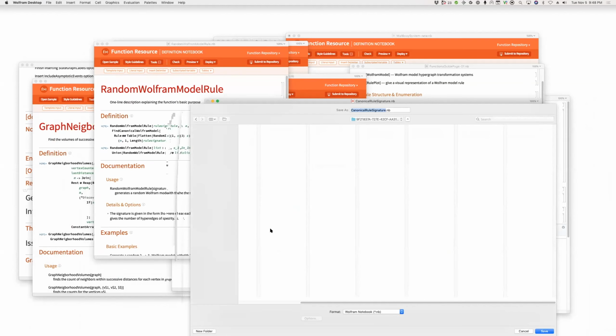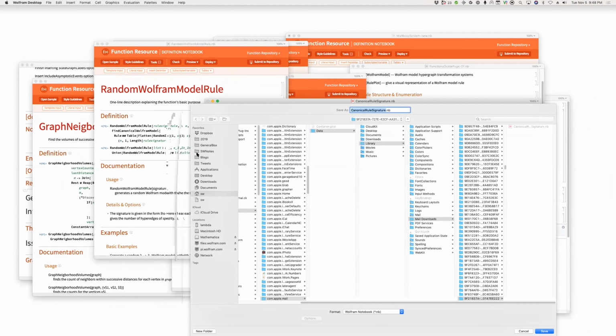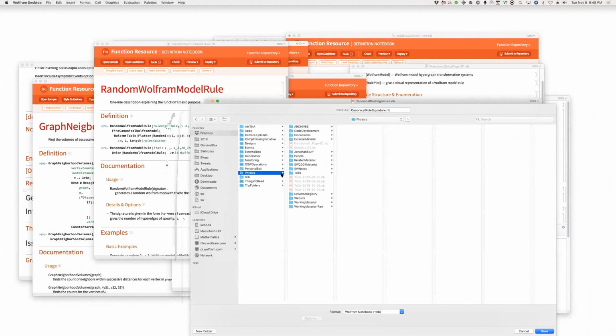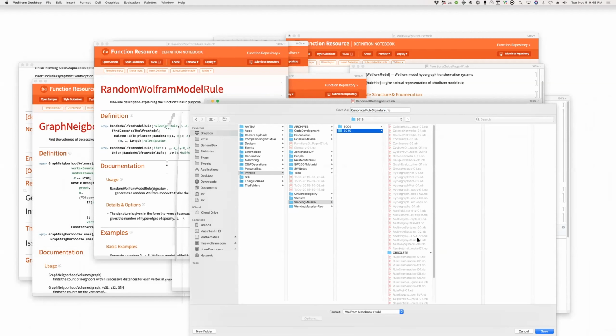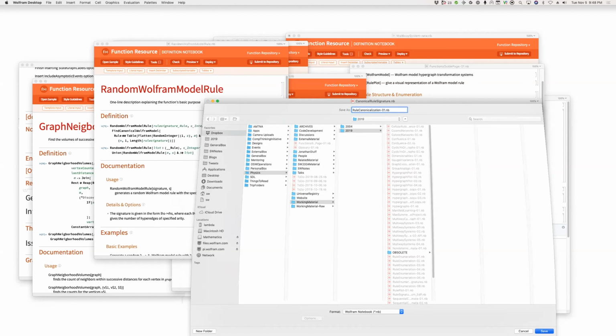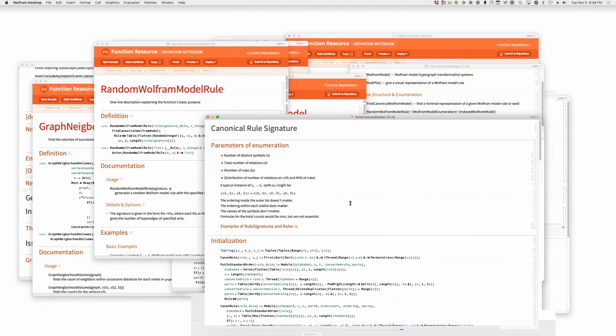Yes. What should we call it? We could call it rule canonicalization. So we remember that it might be crazy.